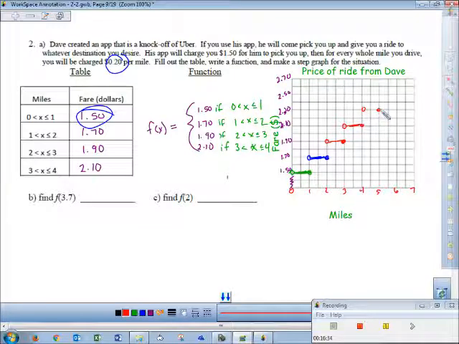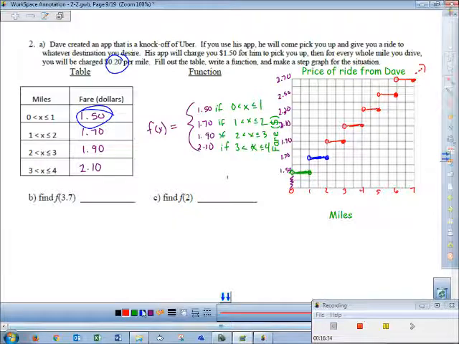Boom, closed, boom, closed, and boom, closed. And then that pattern continues, so you put the dot, dot, dot with an arrow.